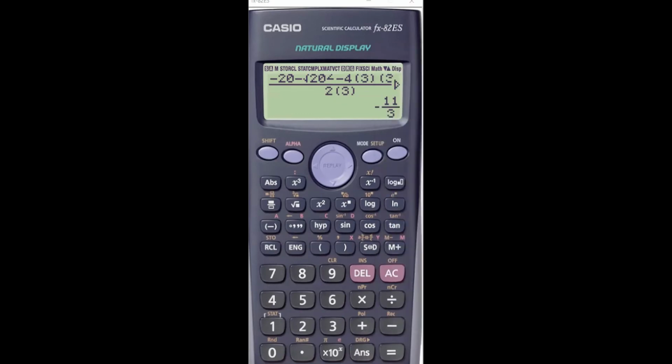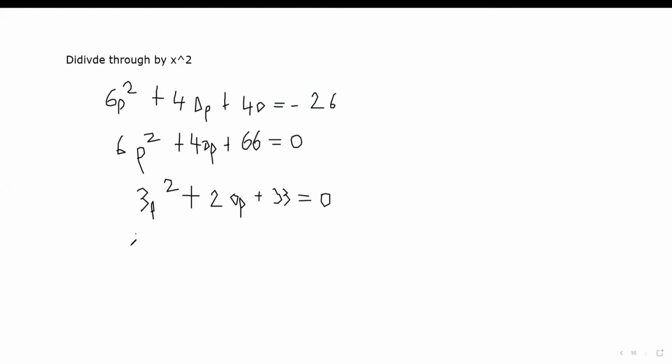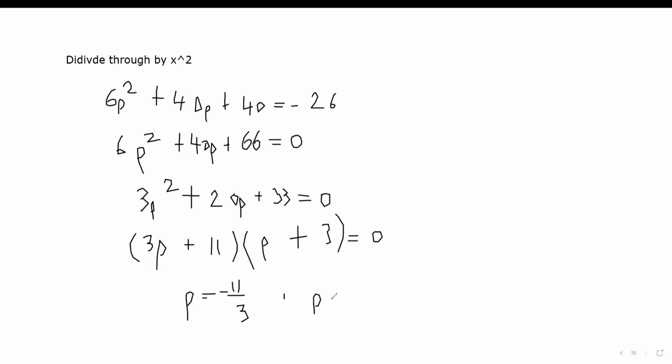So solving this quadratic, we can put 3p plus 11 and p plus 3, then we can say p equals negative 11 over 3, or we can say p equals negative 3. Yeah, we'll call it this.